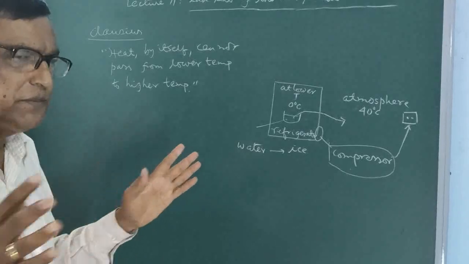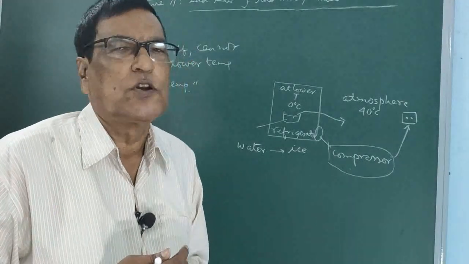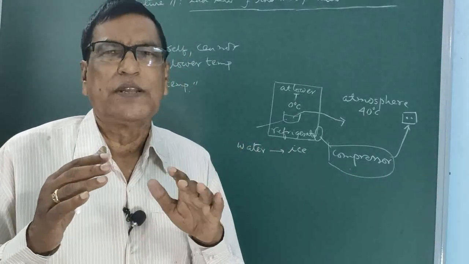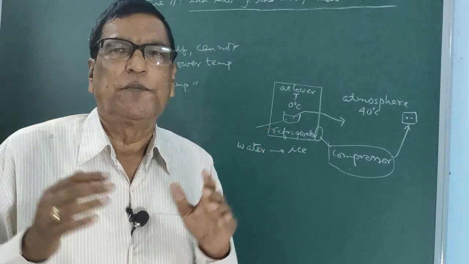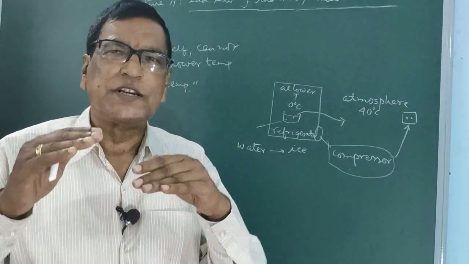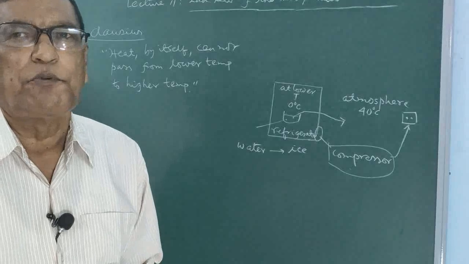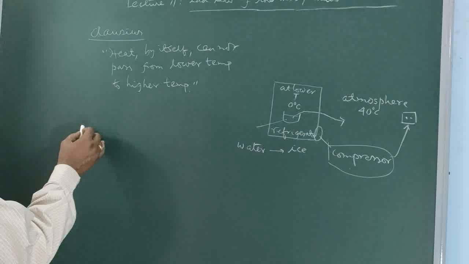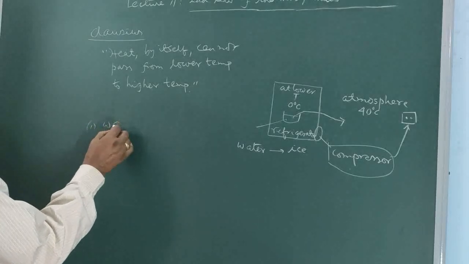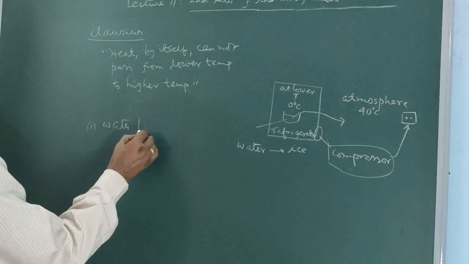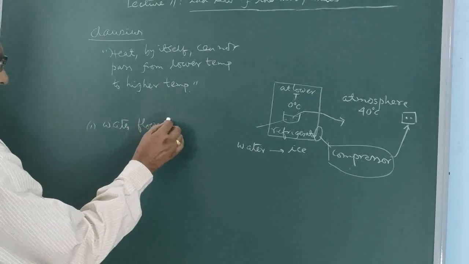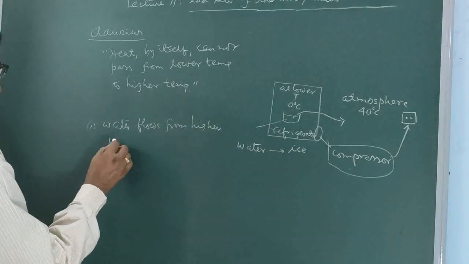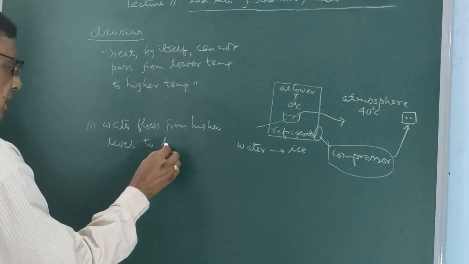This type of similar natural processes occurs for different purposes, and we also state this second law of thermodynamics in different ways depending on the nature of the process. Say water flows from higher level to lower level.